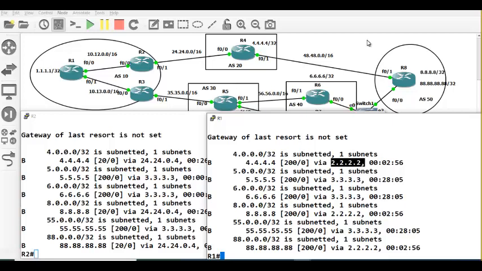Right. To keep it short, do not be confident saying weight is locally significant to the router, only that router will be impacted. No, that router is going to be impacted, no doubt in it, but the other router which receives routes from this router will also have an impact.